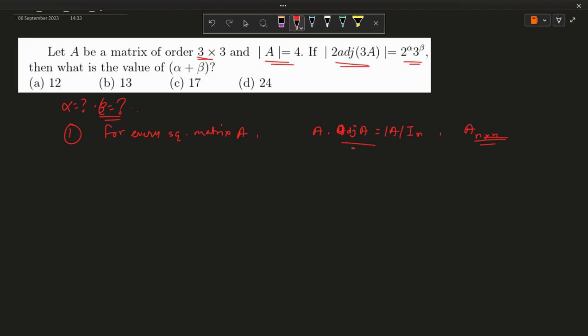So it is the formula: A into adjoint of A equals determinant of A into I_n. Okay, so see that what we want is adjoint of 3A.